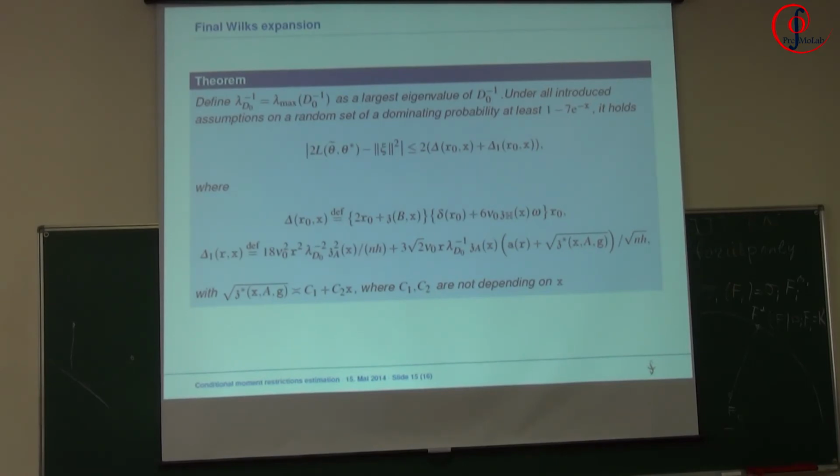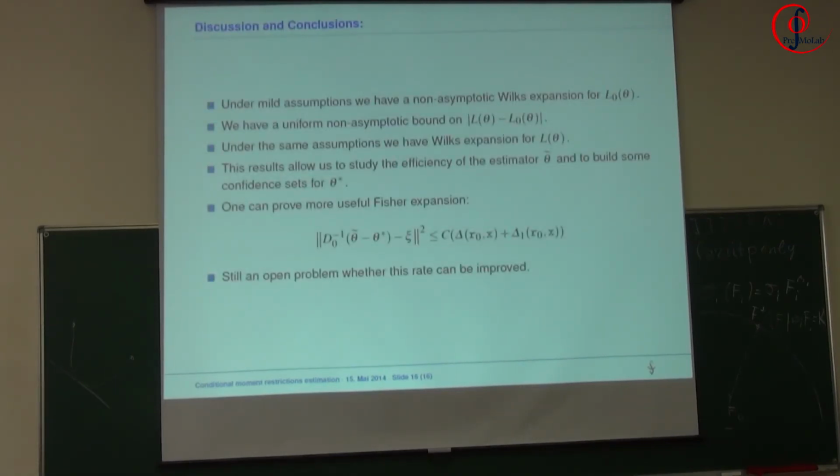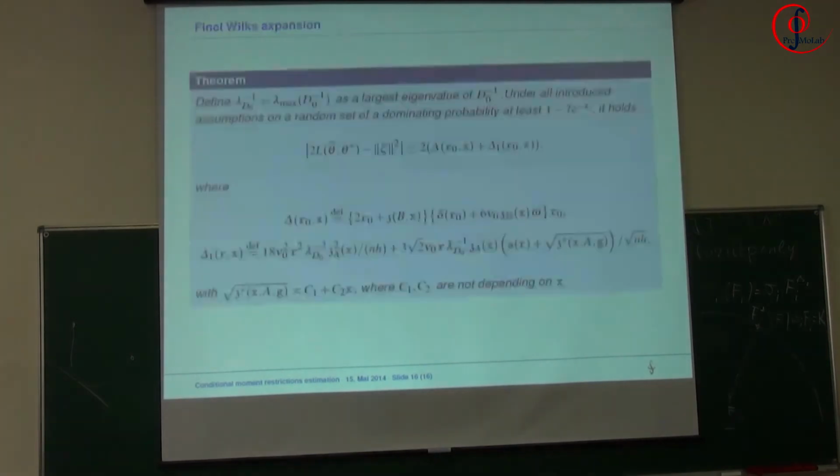So if two functions are close, we don't know whether their maximizers are close. So it's a problem. And in this area we have to use our previous results or a bit older techniques, which give us the same rates as in this problem.